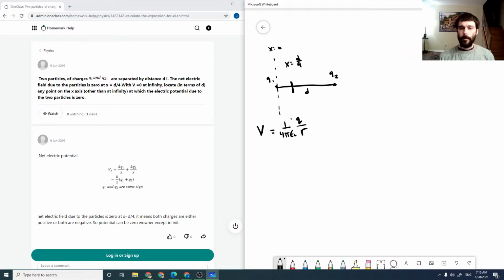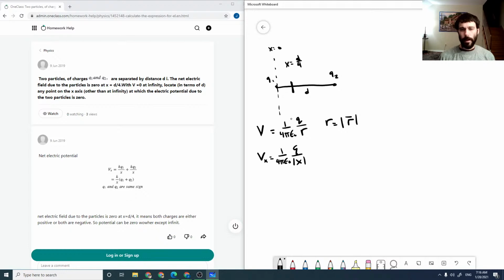Remember, r is the magnitude of a vector. So if I'm only looking along the x direction, then I could say that my potential is q over x.